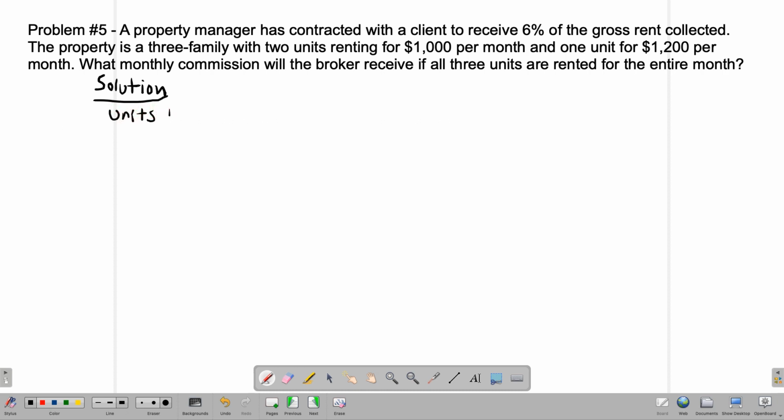So we'll say unit 1, unit 2, and unit 3. So the first 2 rent for $1,000 per month. So let's indicate that here.